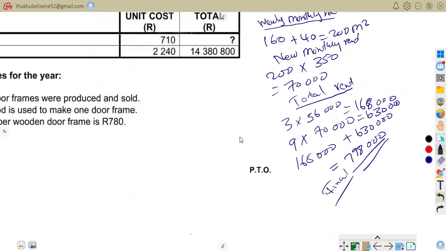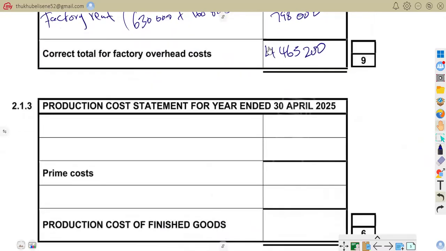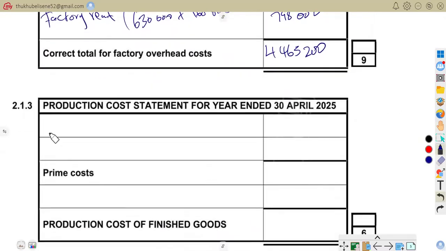So first we are going to start with direct material cost. So how much is direct material cost? Direct material cost is 7,528,250.